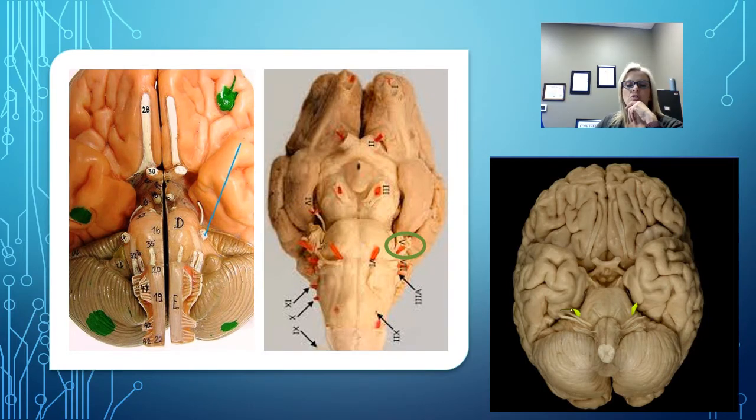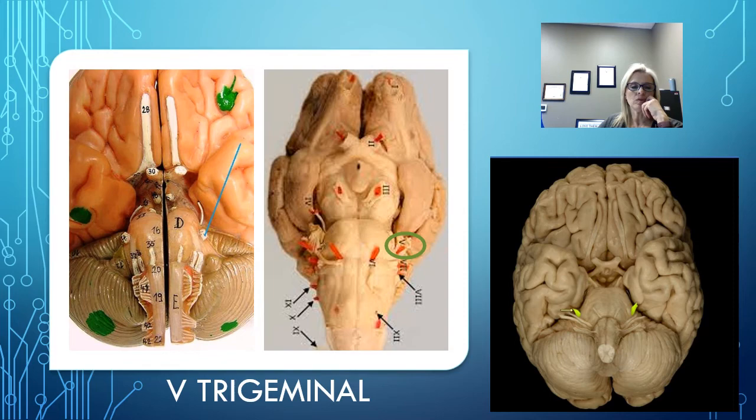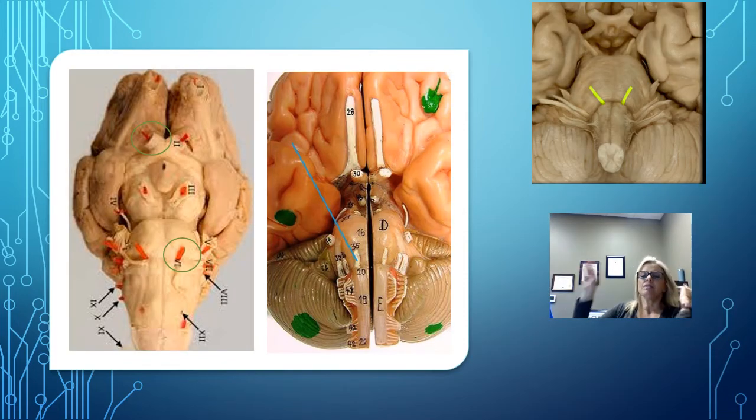Okay, so here, this one's a little bit thicker. It's a wider, flatter, shorter nerve. This one will extend and will have 3 different portions of it. Trigeminal. Okay, so this is another one of the ones that's a little easier to identify because it's kind of by itself.